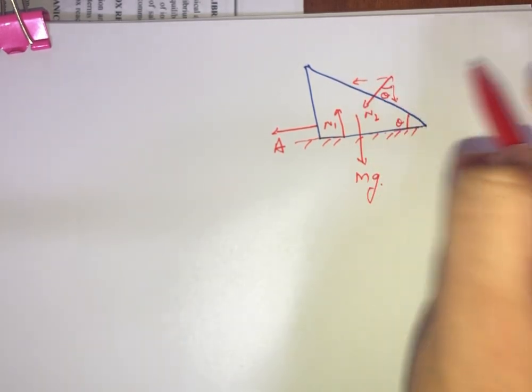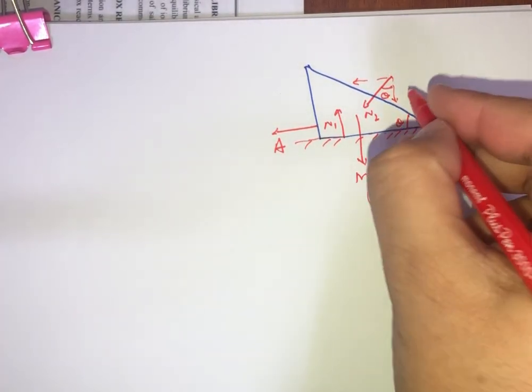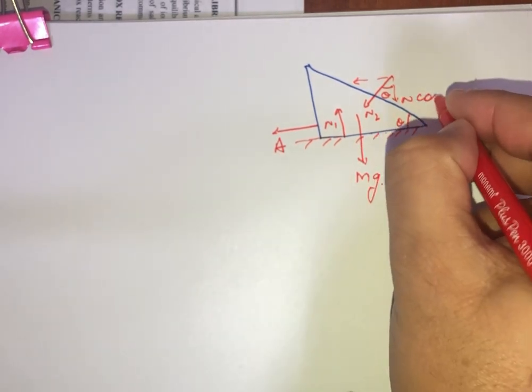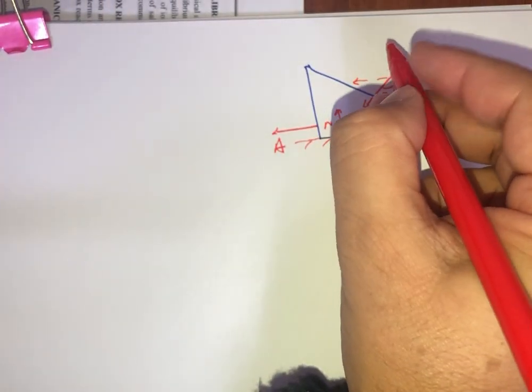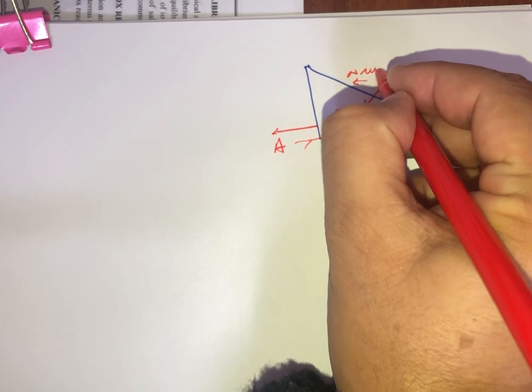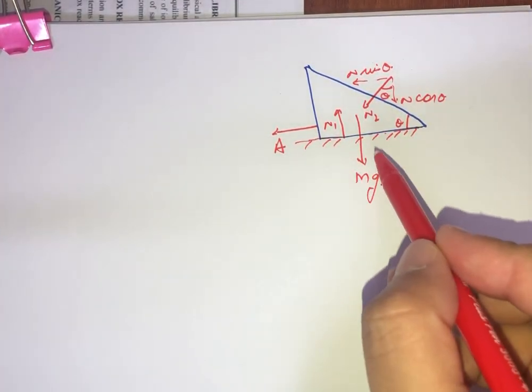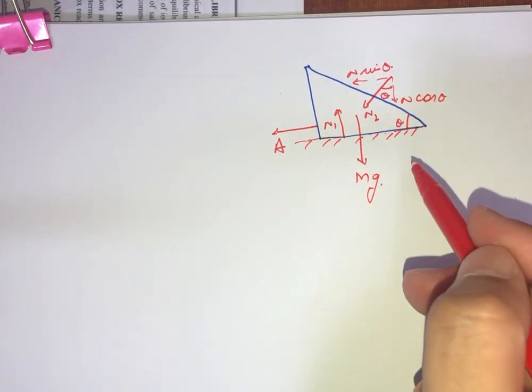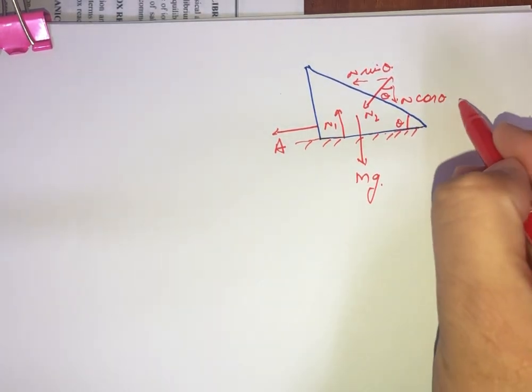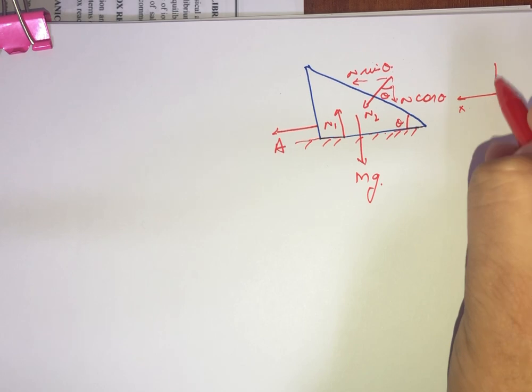This will be theta. So we get N2 cos theta and N2 sine theta, and I think these are all the forces. This is x and this is taken as y.